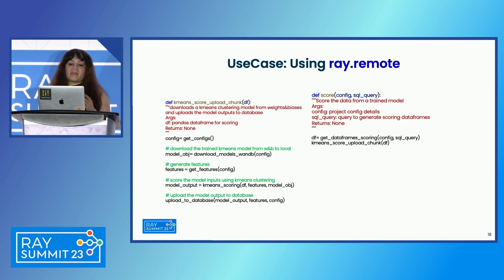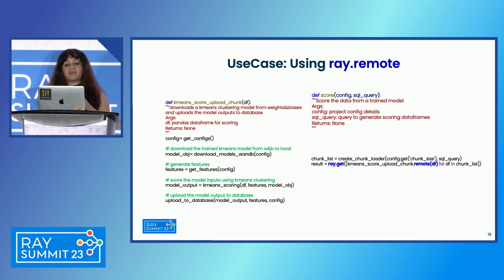When we replaced this code and started using ray.remote, we made a very small change. We removed those 2 lines of code and replaced them with these 2 lines of code. The changes were, we had a function called create chunk loader, which would just split the entire scoring data set into multiple chunks. In this case, it was 14 chunks.